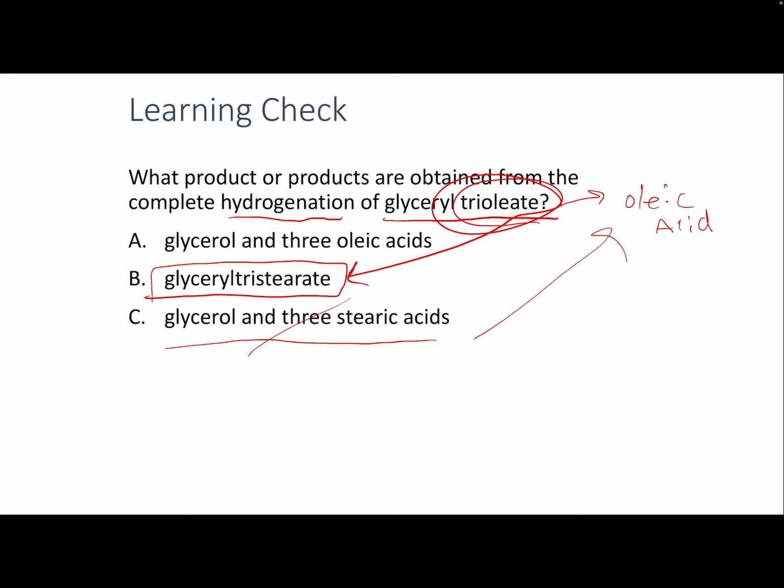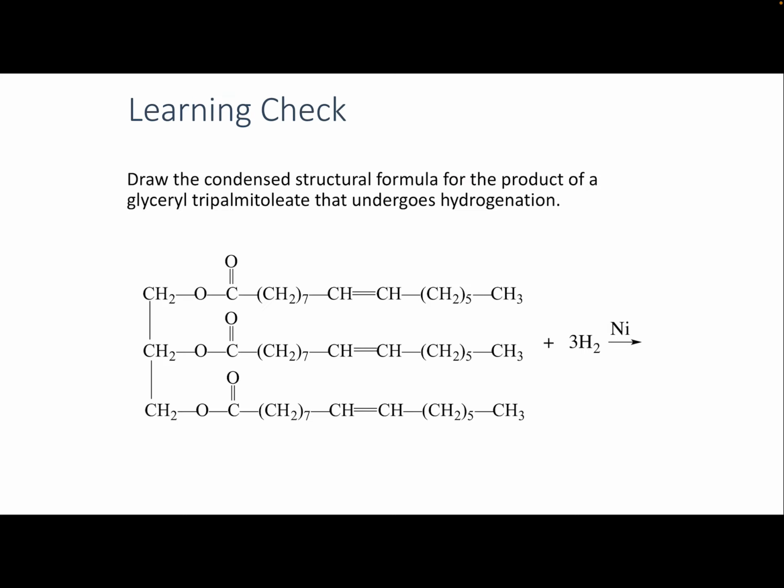Glycerol and 3 stearic acids would happen if after this was done, then we hydrolyzed it. And glycerol and 3 oleic acids would be what would happen if we just hydrolyzed. So this would be hydrogenate and hydrolyze. There's an R in there somewhere. Doesn't matter. Glyceryl tristearate.